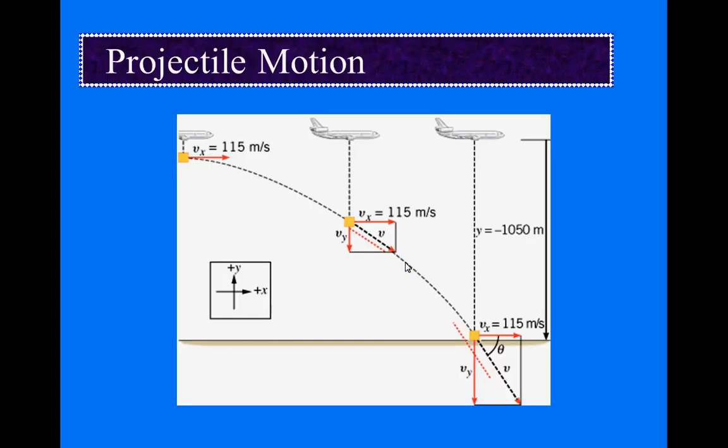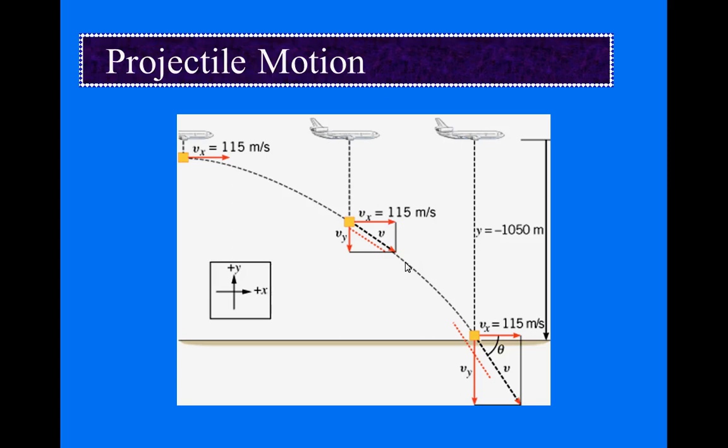Now we're going to apply it to projectile motion. And before we get to projectile motion, let's take this relatively simple case. I have this airplane that's dropping a care package to the poor students trying to study physics at Salem State. It's dropping off snacks and coffee.